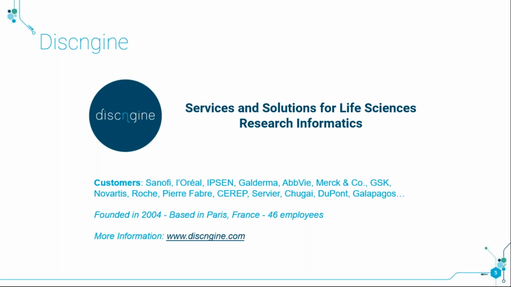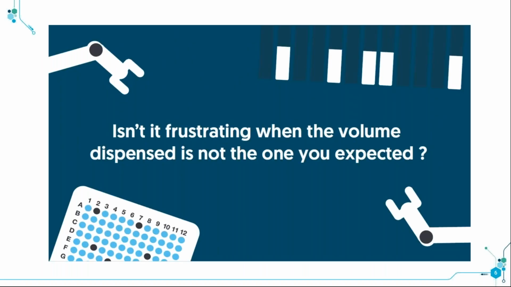Isn't it frustrating when the volume dispensed is not the one you expected? I'm sure that this question pops up a lot in the lab, and this is why we have developed Discngine Qualification to answer this specific question.